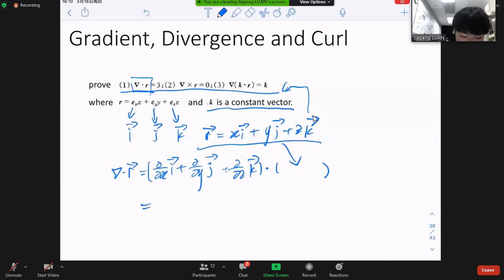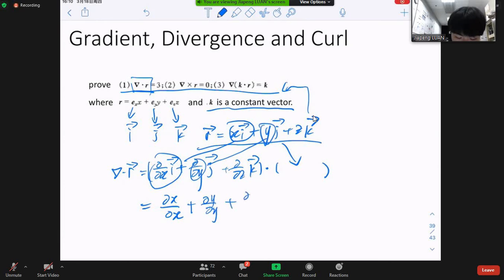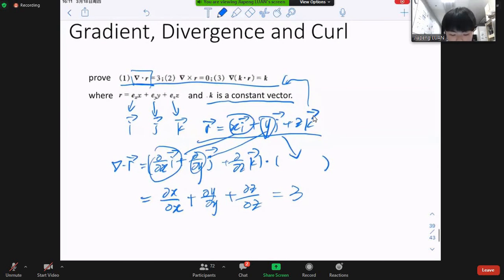So you just simply do the dot product. Here, these two give you this, right? Which is a scalar, because the dot between two vectors is a scalar. And these two things also dot dz by dz, which is 3. So that's the first equation.